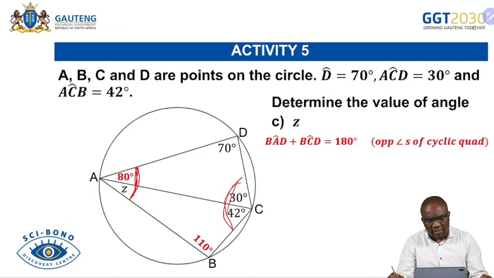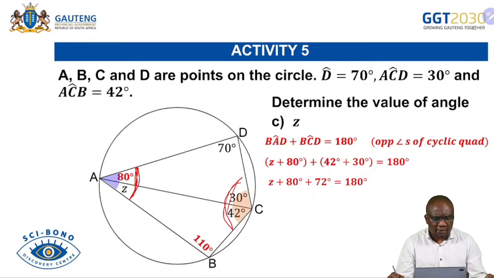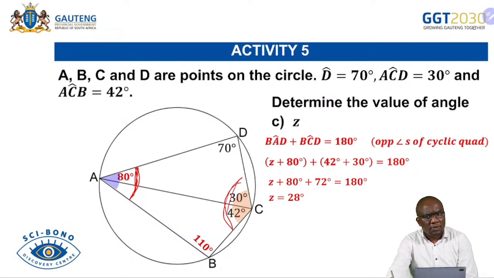Then you can say z plus 80 plus 30 plus 42 must give us 180 degrees, and then we solve for z. That is solving a linear equation, which should be very, very easy for you grade 12s. Now z is equal to 28 degrees. Done. Was that difficult? It wasn't, was it?